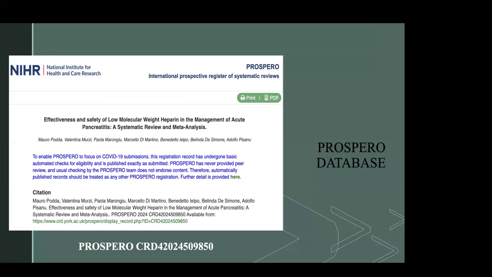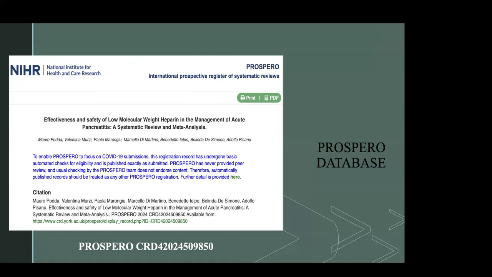Then furthermore, this was also in coherence with the PROSPERO guidelines. The review question, inclusion criteria, strategies, and the analysis were all documented in the study protocol, that was the PROSPERO protocol.